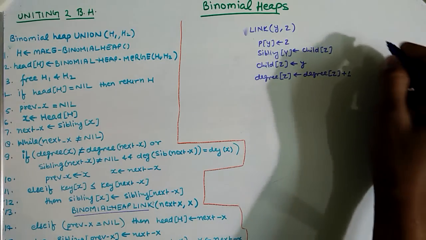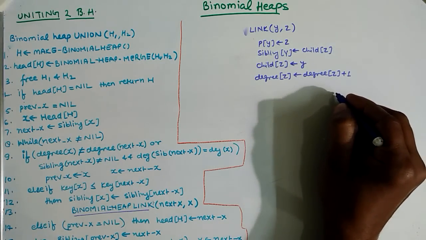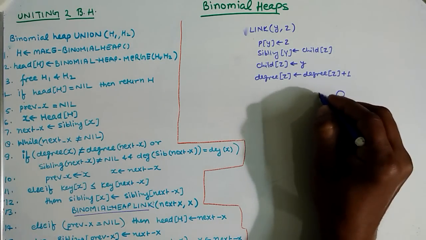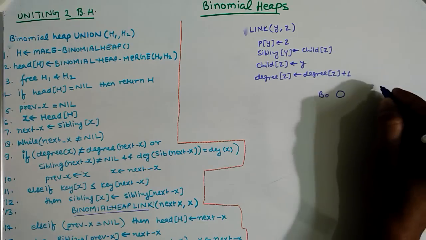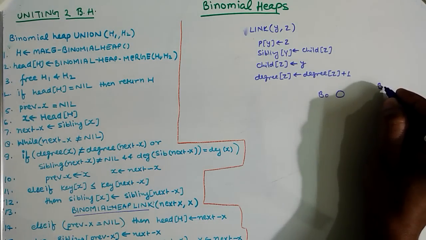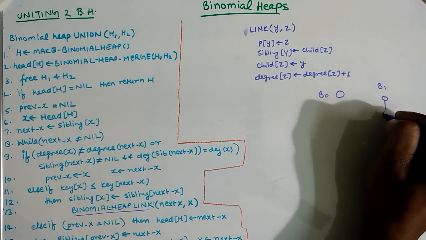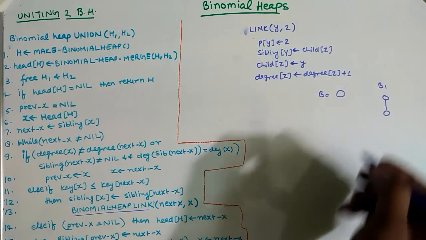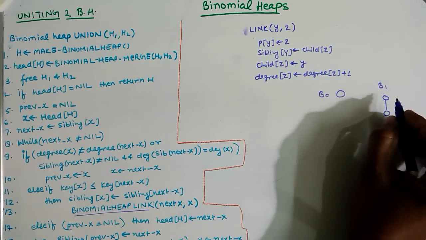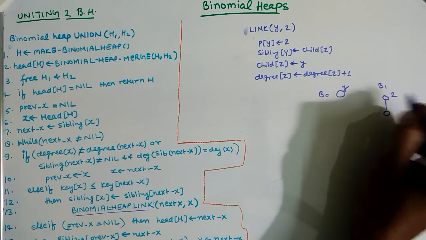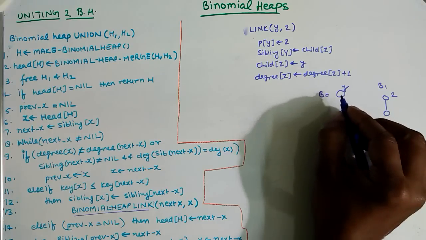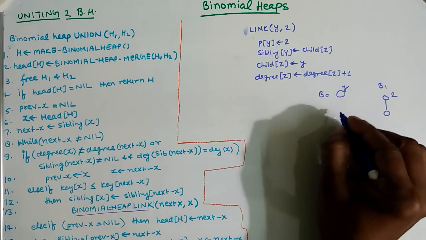For example, suppose I have two binomial trees, this is a binomial tree b0 and the other binomial tree is b1. In order to link these two binomial trees, suppose you want to make this b1 a parent, then make this y and this z. So it will make the parent of y as z.